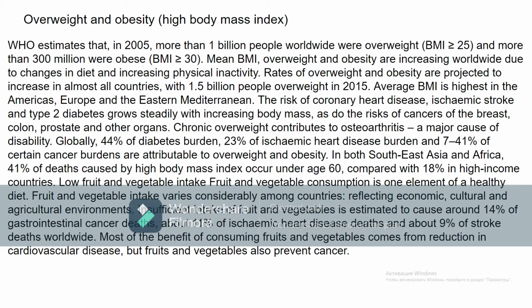So it's very important, and we should consider genetic disposition too, because if our parents or relatives have had a tendency to be overweight, obese, or have a high body mass index, we should take it into account.